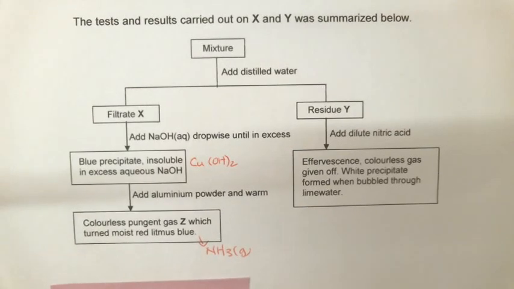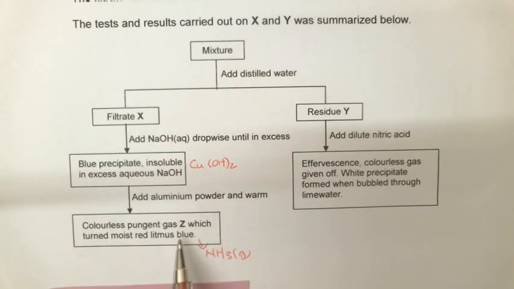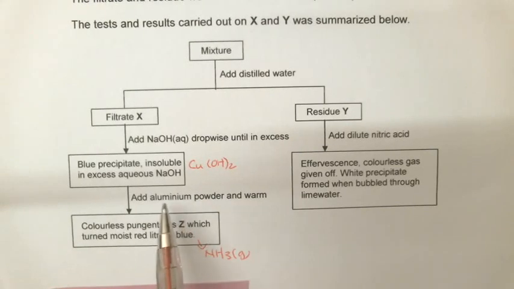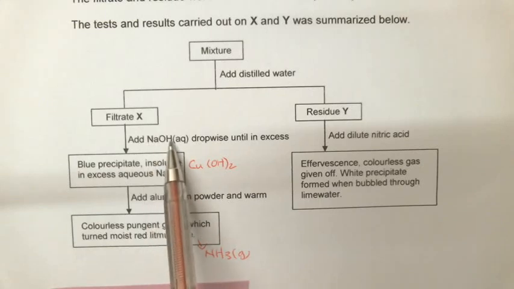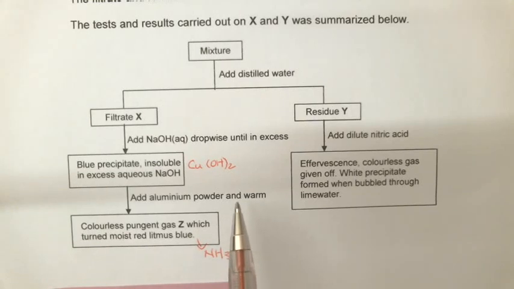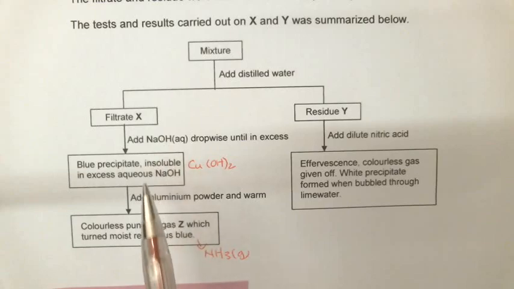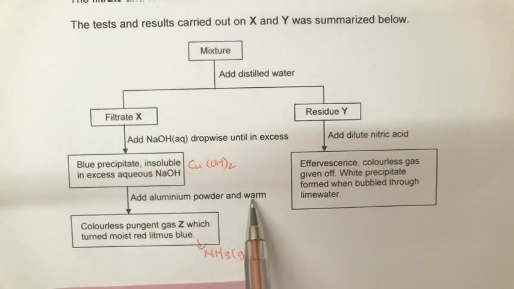Now if you look at this combined action carefully, not only have you added sodium hydroxide to the filtrate, you further add aluminum powder and warm. The whole action over here is addition of sodium hydroxide, aluminum powder and warm.